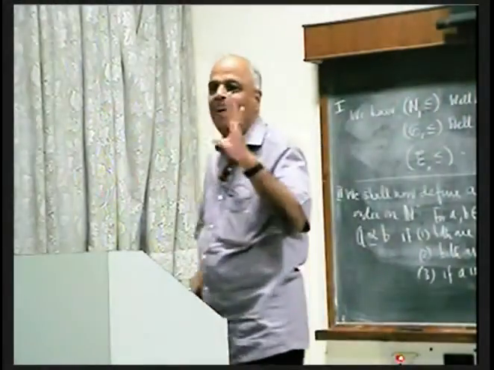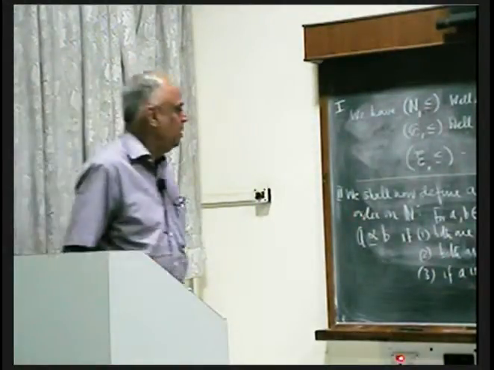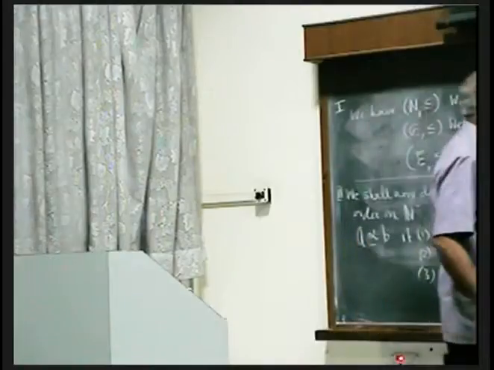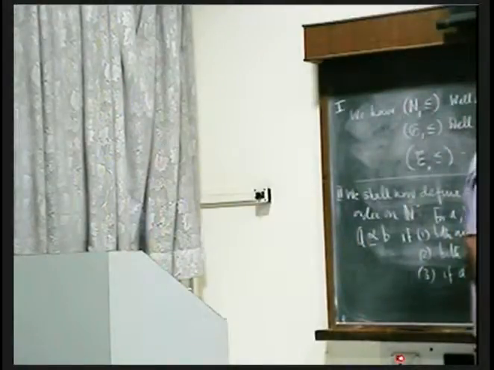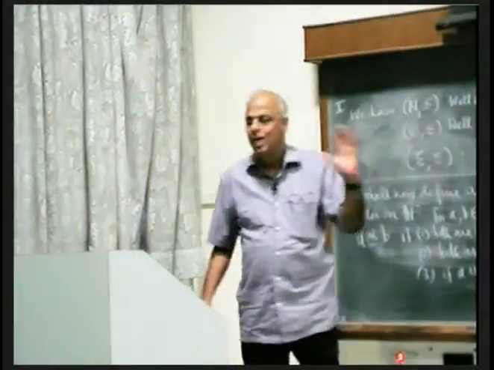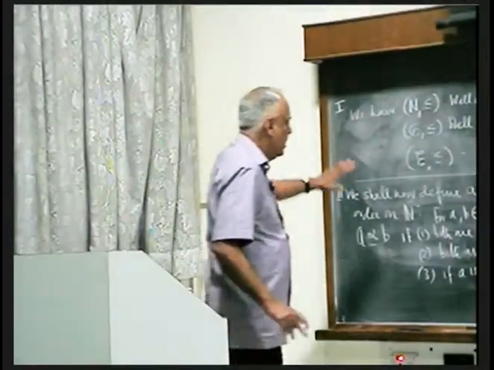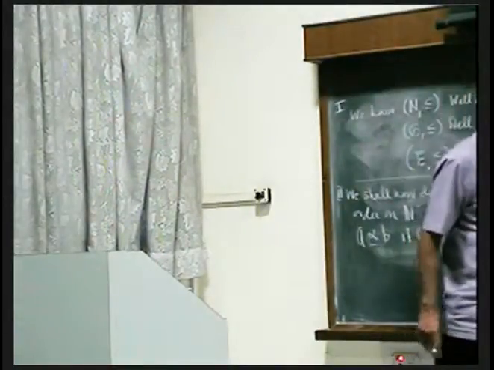So the order is different in the different contexts. The same fellows who were initial segments here, all the odd fellows get promotion first. Then only the even fellows. Here it's not like that. So the odd fellows who are not initial segment in this order, they become initial segments in this order.